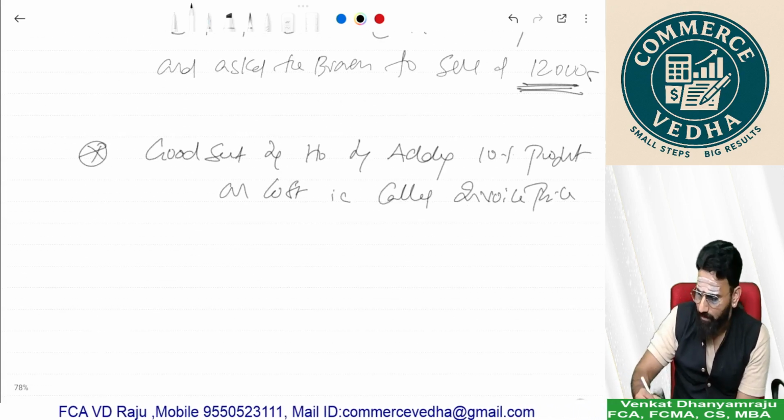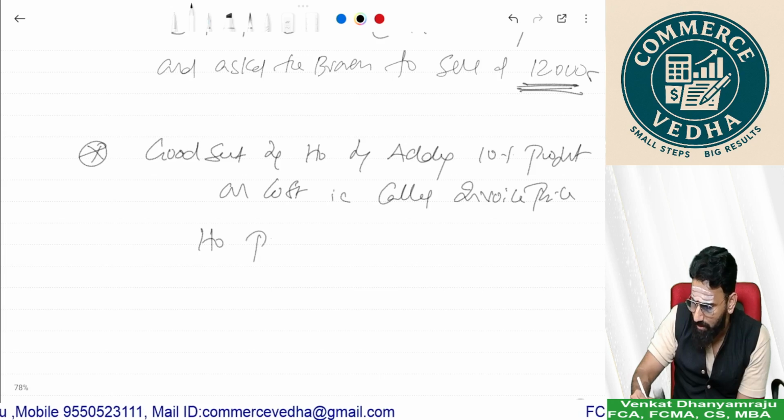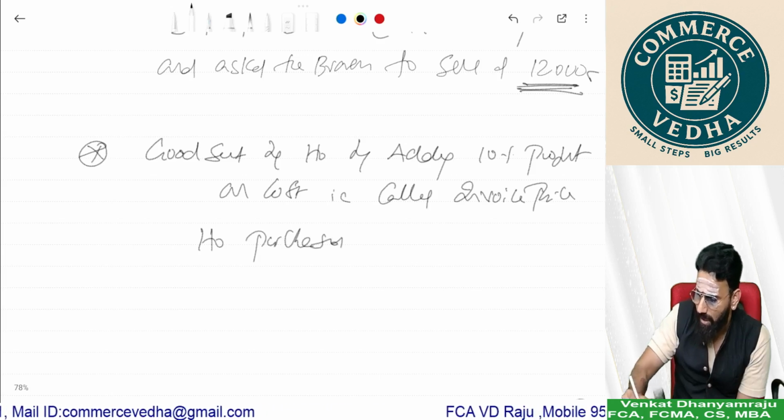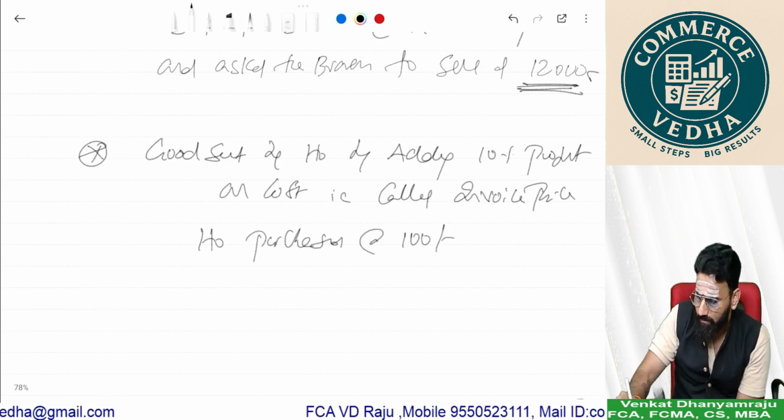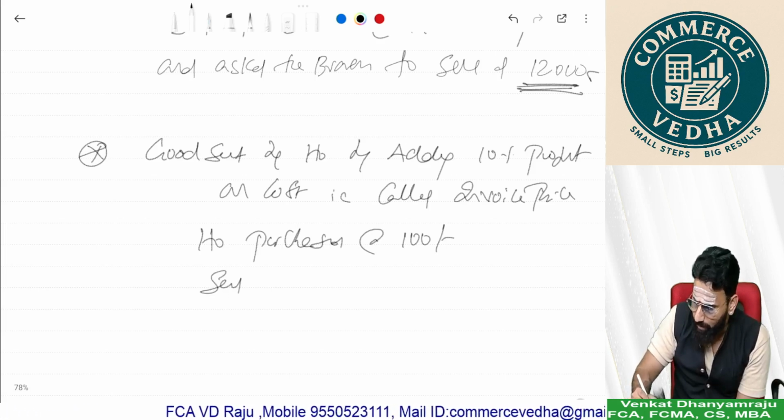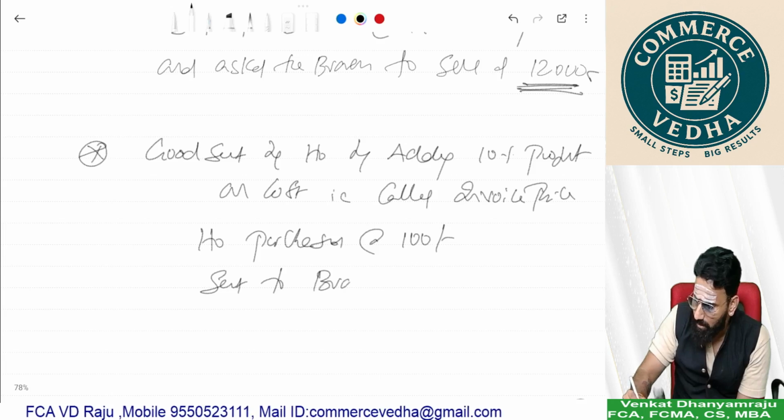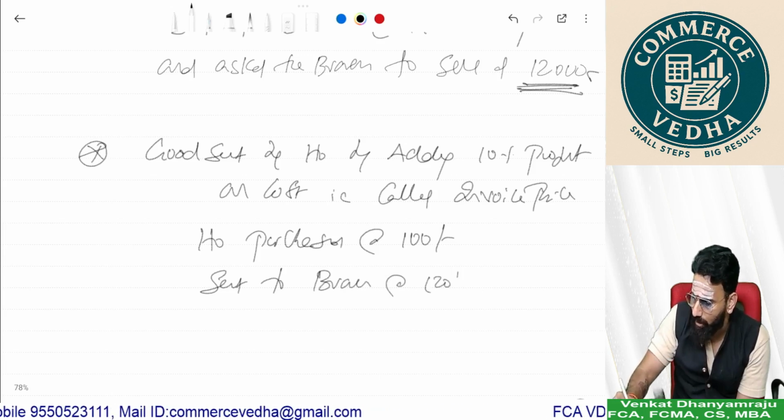It means HO purchased at 100 rupees but sent to the branch at 120 rupees.